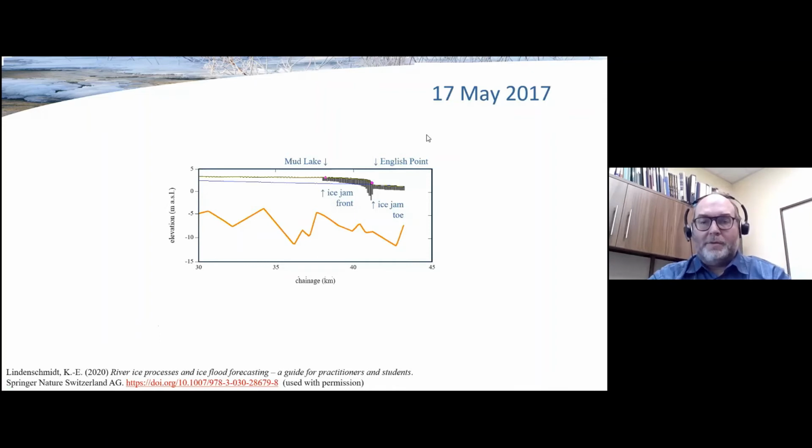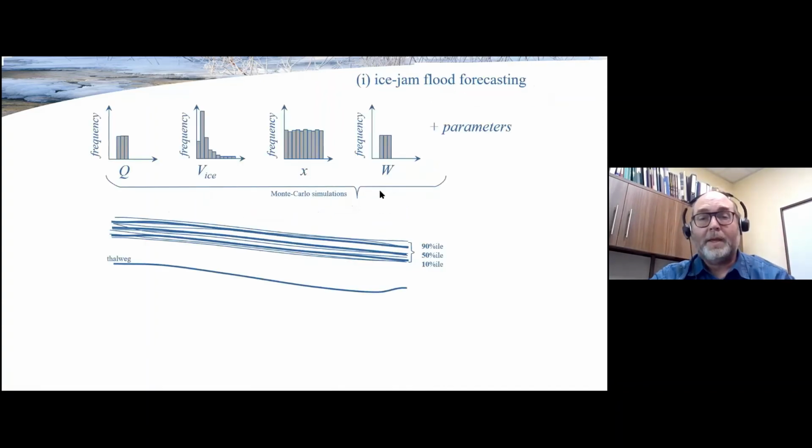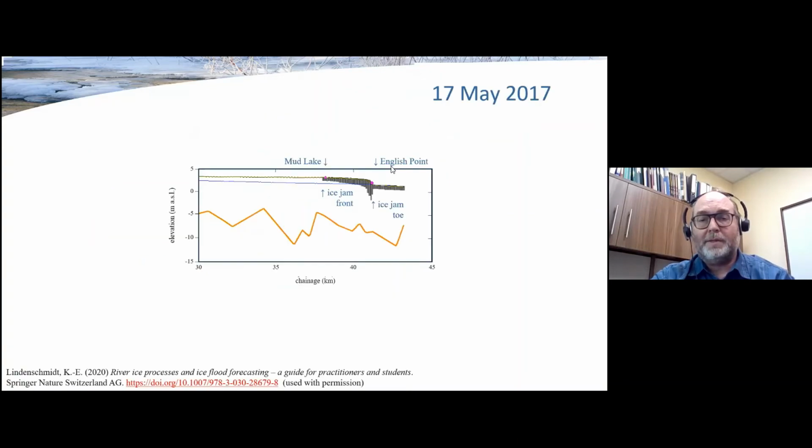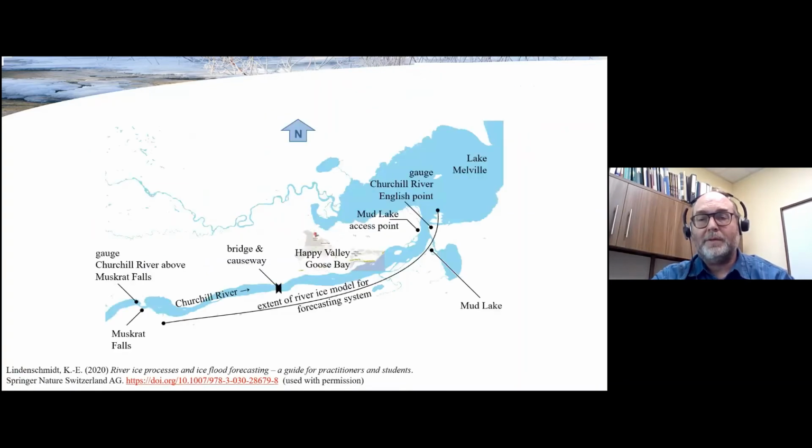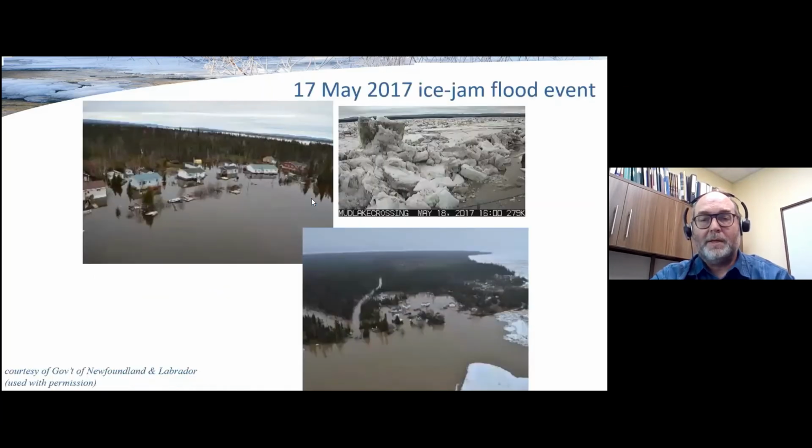Here I was able to model some events quite nicely, actually. And in this case, I also had the downstream water level, which is tidally influenced here. There's a connection here to the Atlantic Ocean, so this is influenced by tides.